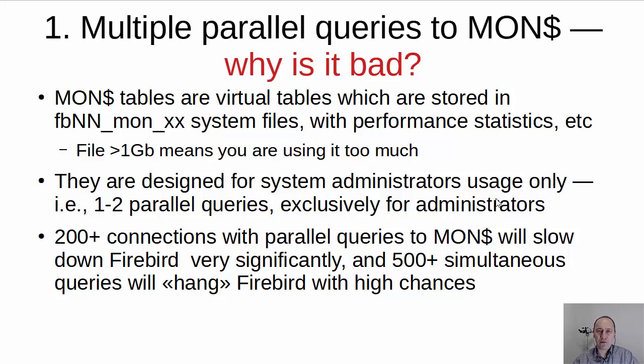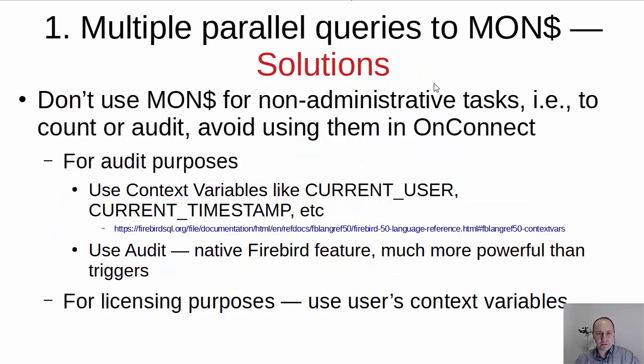It looks like a crowd of administrators tries to monitor all the information, and the result is pretty bad. We have seen situations when a pretty big server with 500 connections looked completely frozen due to too many queries to the monitoring tables from onConnect triggers. So this is really, really bad.